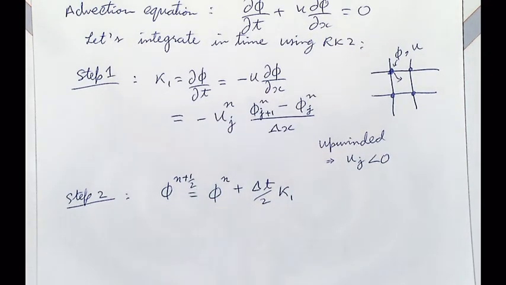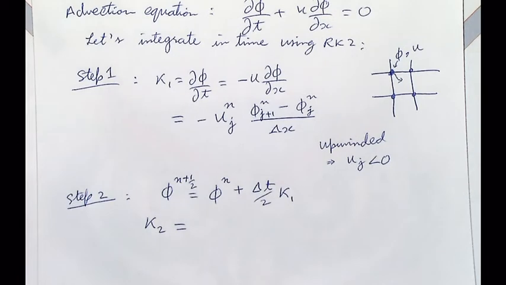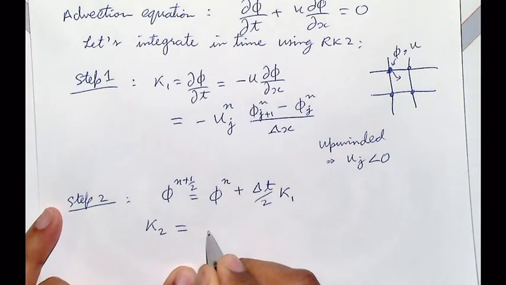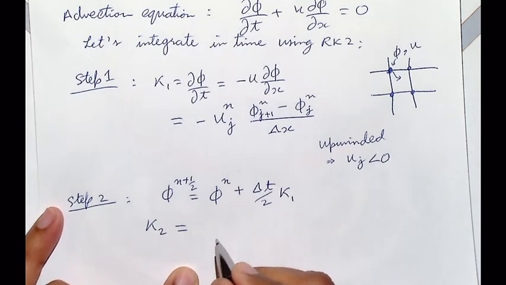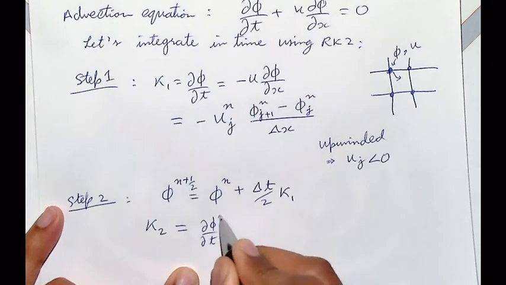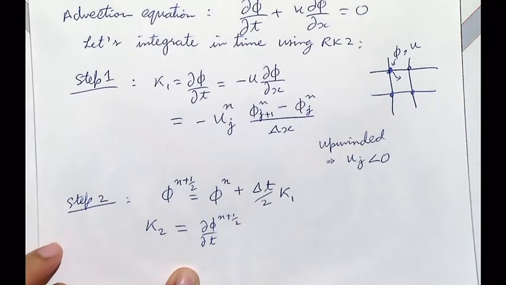All right, once we have this phi at n plus half, the next thing is to find k2. And what is k2? Okay, you tell me. It's d phi by dt at n plus half, and t plus delta t by 2. That's all k2 is.